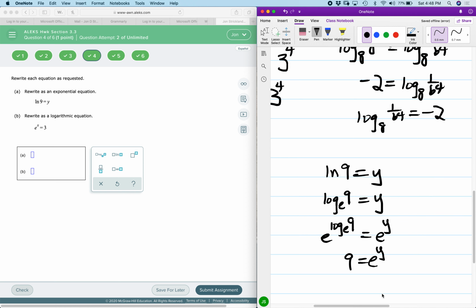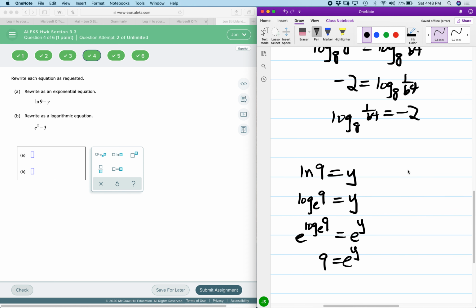Now, if I rewrite as a logarithmic equation, in part B I have e to the x is equal to 3. To get rid of the exponential base e, I apply the base e logarithm to both sides: the base e logarithm of e to the x is equal to the base e logarithm of 3. The base e logarithm of e to the x goes to x, so x is equal to the base e logarithm of 3, which is the natural logarithm.